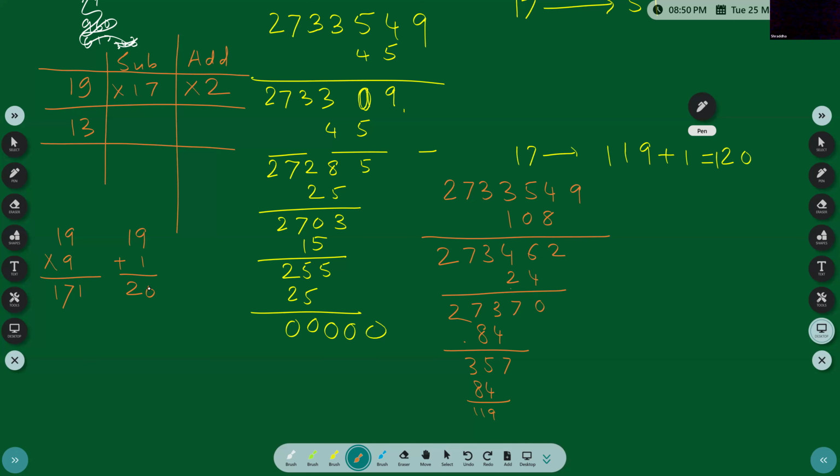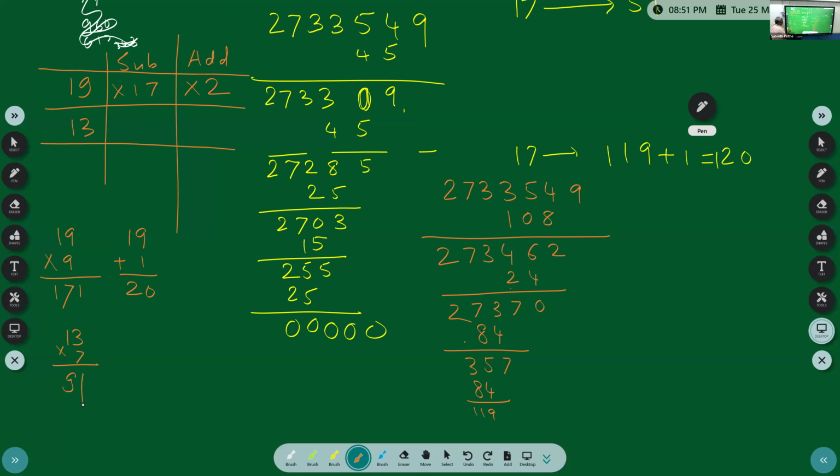Okay, got it. Yes. So can you tell me for 13 now? Sevens are 91. So 9. 13 multiplied by 7 is 91.